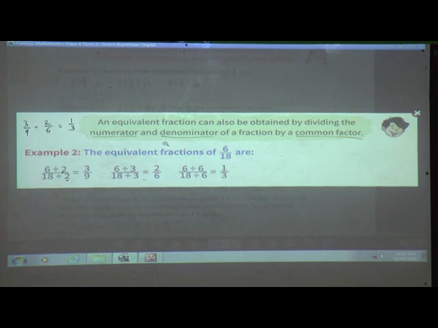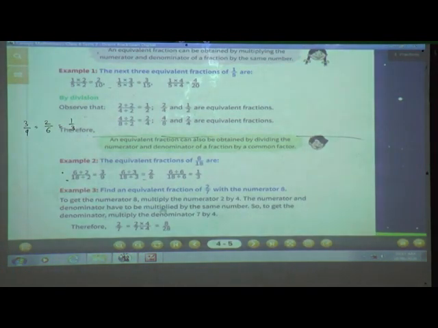If the numerator and denominator of a fraction are multiplied by the same number, we get equivalent fractions. And if the numerator and denominator of a fraction are divided by the same number, we get equivalent fractions. These two concepts we have just studied. Now we'll move to the third example.